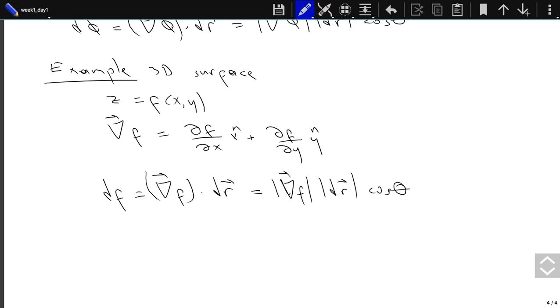If we take the small angle, it should be between 0 and 180, but since this is negative, it should be between 90 and 180. So if this is my dr, remember I'm moving in this direction, the gradient of f is somewhere in that direction. I don't really know where, but somewhere over here.